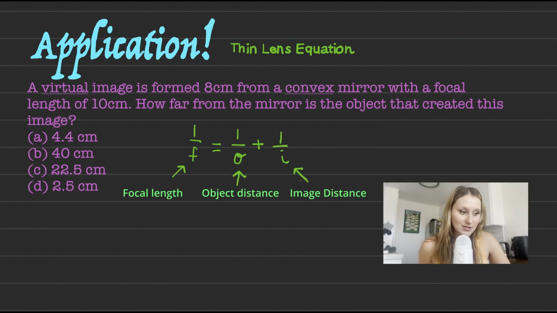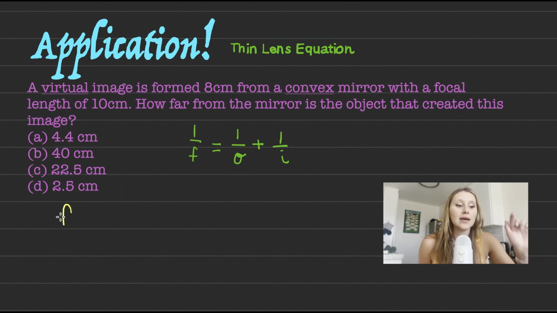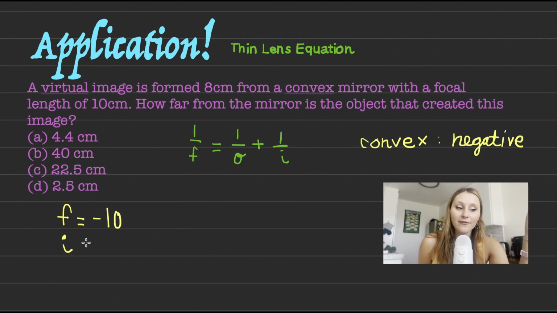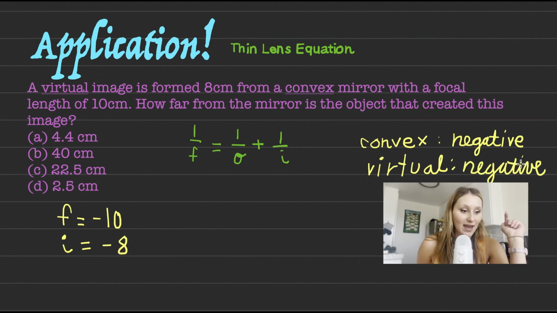Since we're scientists and scholars, we know that a virtual image implies that the I is negative, and a convex mirror also implies that the f is negative.